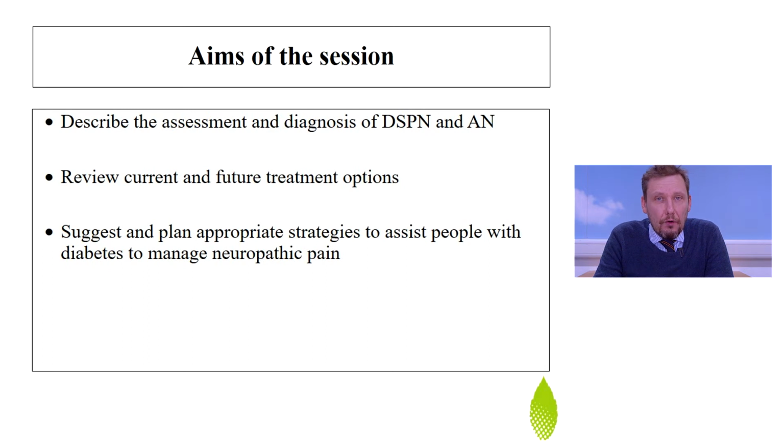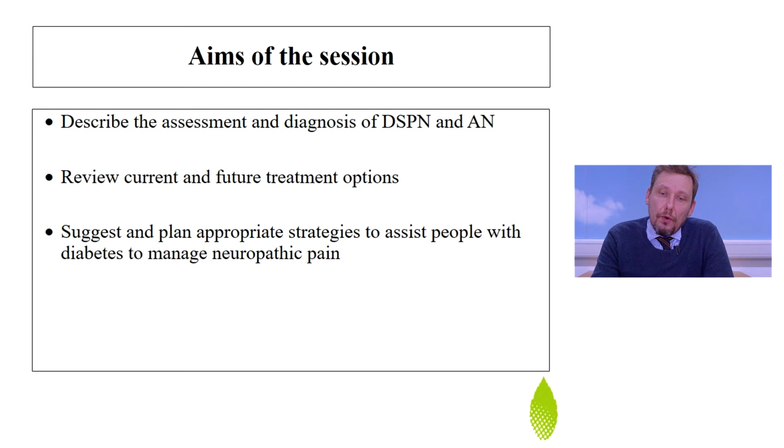There are many different forms of neuropathy, as we will see in this talk, but I'm going to focus in particular on probably the most common and probably clinically important conditions of distal symmetrical polyneuropathy or DSPN and autonomic neuropathy or AN.